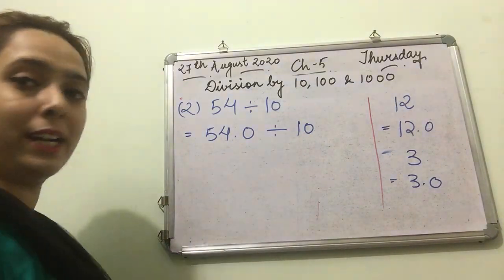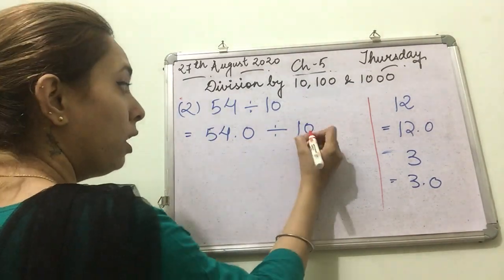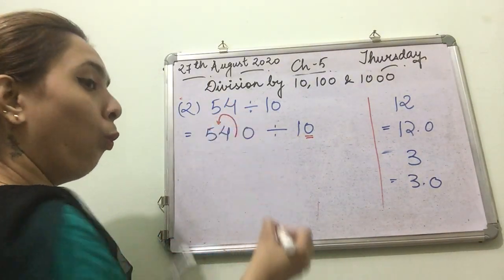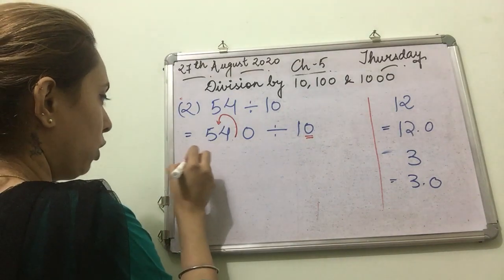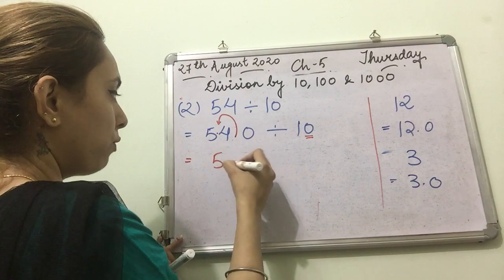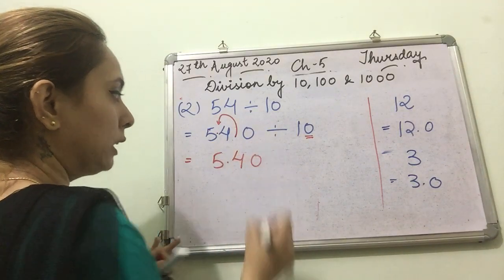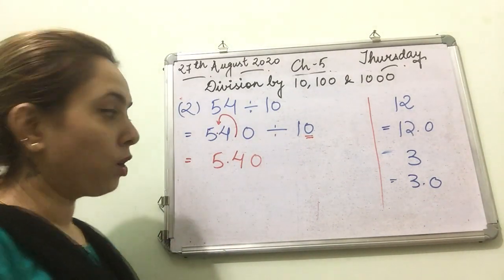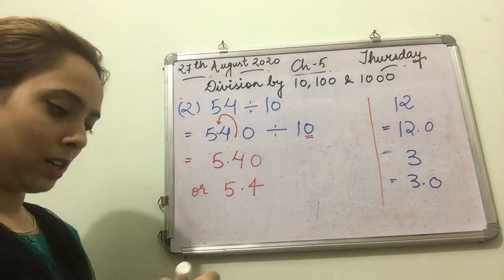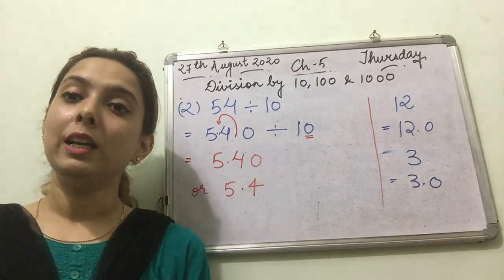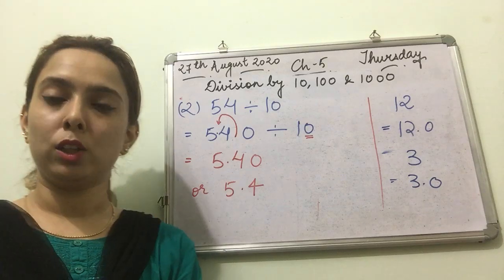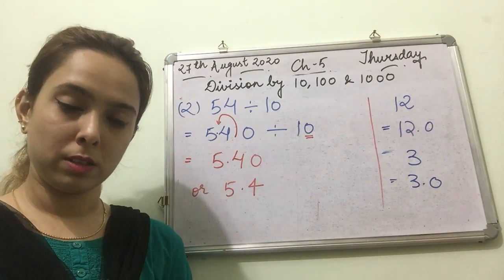We will shift the decimal. Here we have only one zero, so we will shift the decimal only one number, and your answer will be 5.40, or you can write 5.4. Both these answers are right because they are equivalent decimals. So this was the method of shifting decimals.